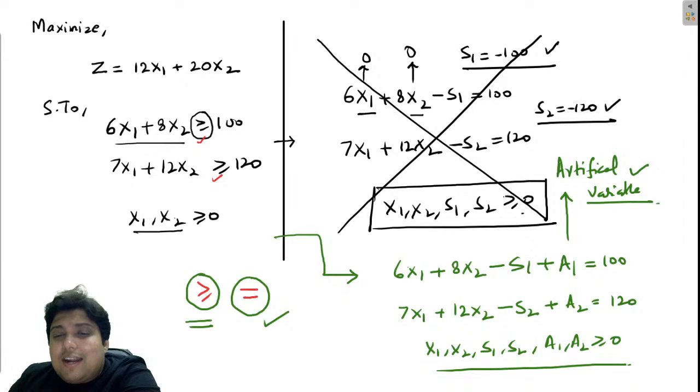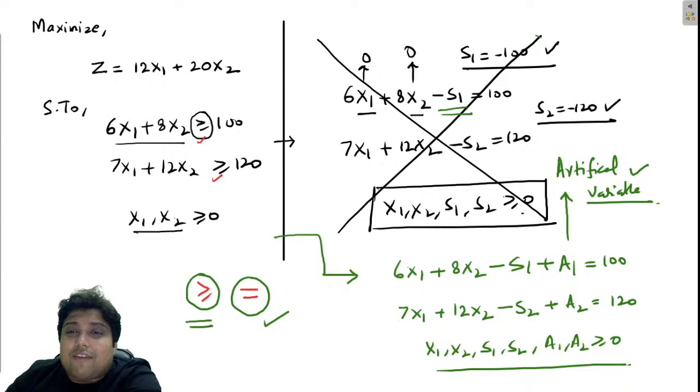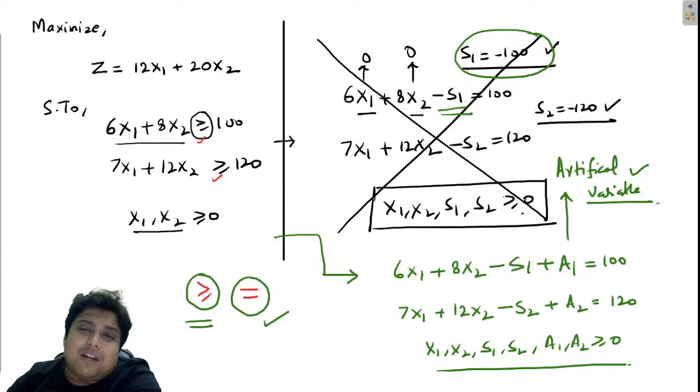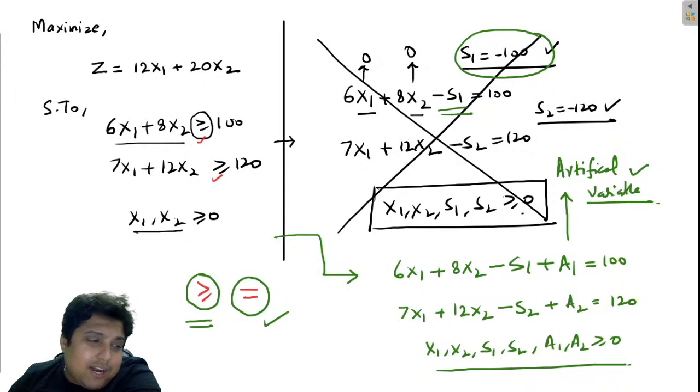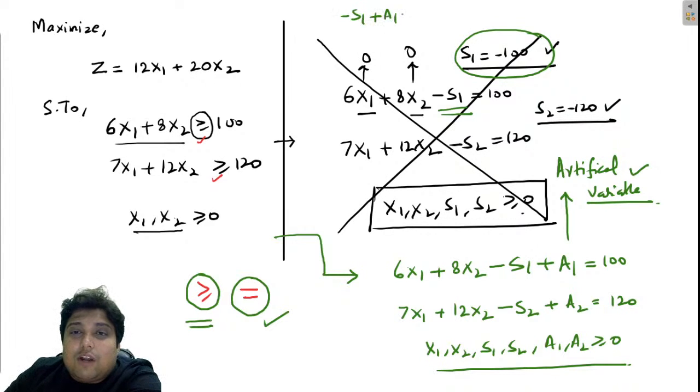Now, why have I added this artificial variable? Because if I had not added it, s1 would have gained a negative value, minus 100. And we have promised in the simplex method that all the variables we use should be in the first quadrant, and this s1 of minus 100 is violating that condition. So I have written minus s1 plus a1 equal to 100.